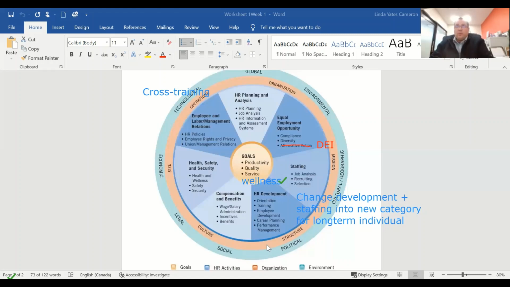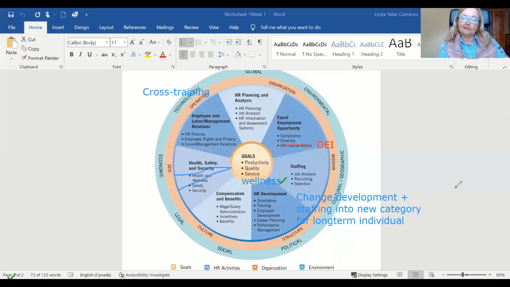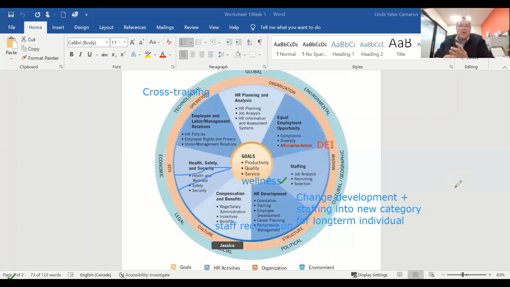But with COVID, the work from home and flex work and all that going on, we felt that health and wellness should have its own pie, because it's grown exponentially since COVID, like mental health and the well-being of everyone. Okay. How's that? Looks great. Now it's got its own pie.